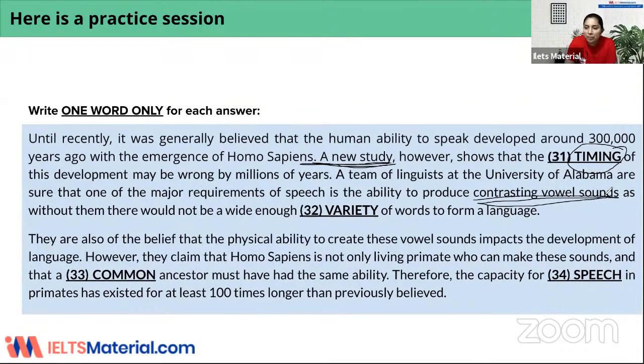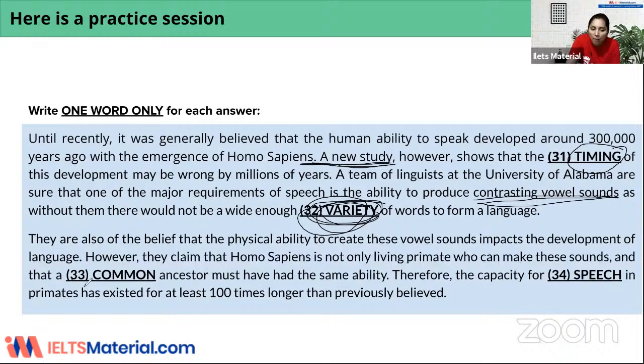So this is the part that they explain, contrasting vowel sounds, and if this is not readily able to be produced, there would not be a wide enough variety of words to form a language. Okay, if you don't do this, then you will not find a variety of words to produce the language. That is why the answer is this. And then they talked about the Homo sapiens, which claimed that they were not the only primates.